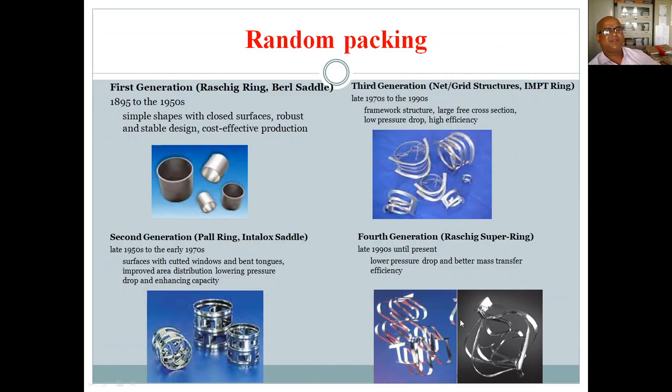Now what will be the next one? Next, you make the packing material at nano level. You understand why nano is very important nowadays. Nano means you make the particle in the nano range. If you make the particle in the nano range, that means you will get more surface.